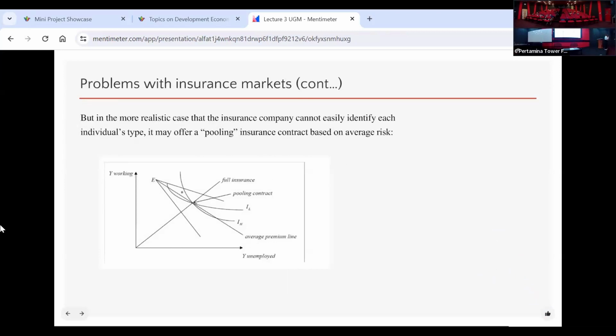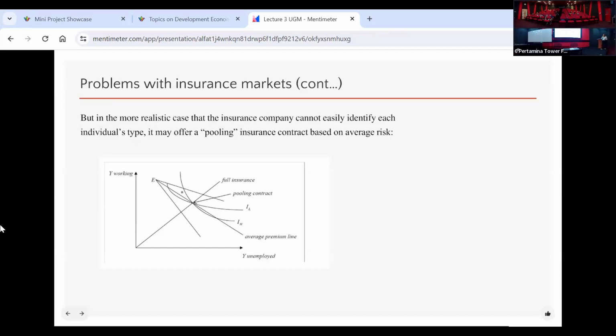Excellent, so I offer this pooling equilibrium. That's fabulous, right? But if I am low risk, I don't want to pay that much, do I? So it doesn't attract me. I'm not interested. I don't want to buy this insurance because it's too expensive for me, and my indifference curve just went down. I want a better insurance.